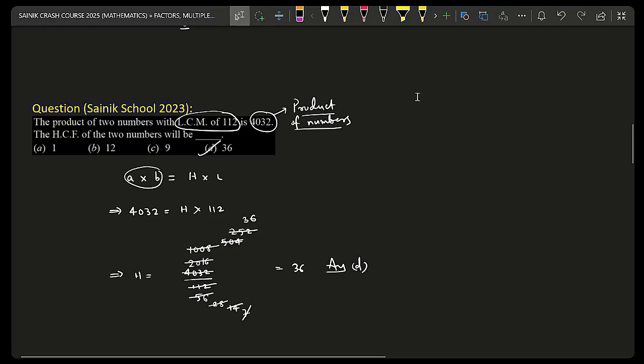Samatvika, you have any doubt? Yes, sir. What is your doubt? Sir, I didn't understand. See, this is related to the fourth property. They gave product of the numbers and they gave LCM, and with this information, we should find the HCF.